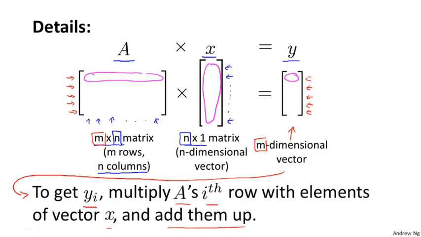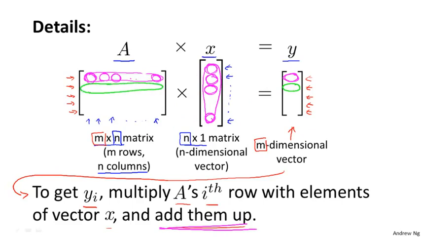We take this first number, multiply by this first number, then take the second number, multiply by this second number, take this third number, whatever that is, multiply the third number, and so on until we get to the end. And then we add up the results of these products. The result of adding that up is going to give us this first element of y. Then when we want to get the second element of y, the way we do that is we take the second row of A and we repeat the whole thing.